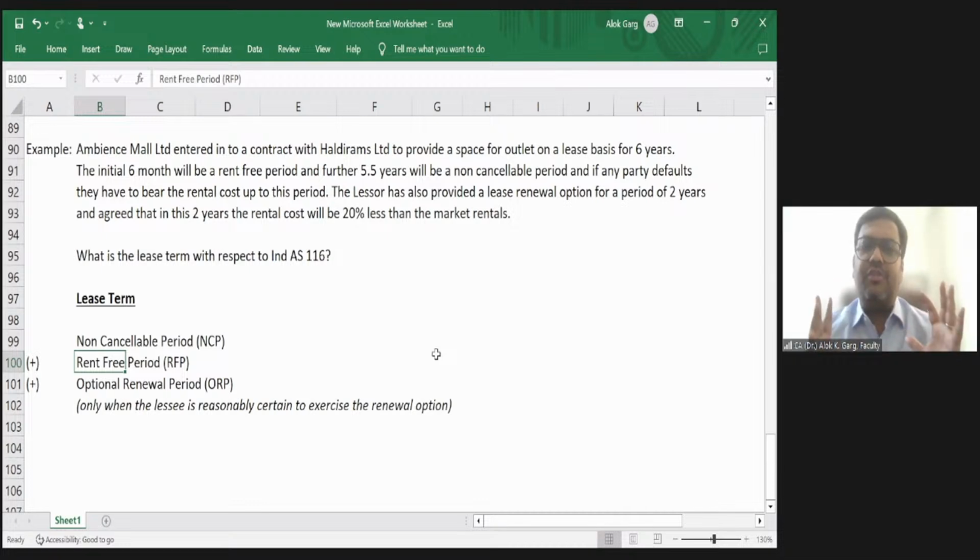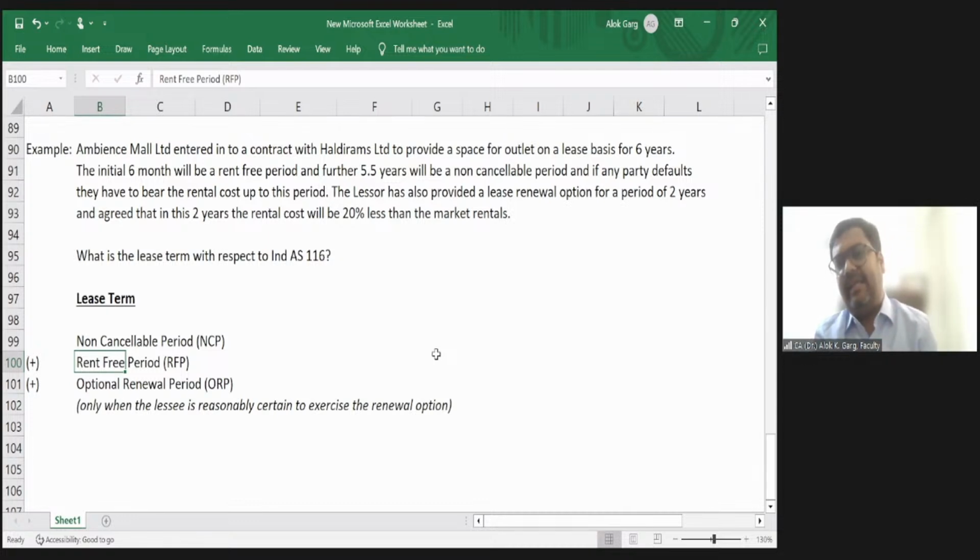So applying your logic, and being a CA final student with some articleship experience, I have given you this example. The definition of lease term is non-cancelable period plus rent-free period plus optional renewal period, and the optional renewal period is included only when the lessee is reasonably certain that they will exercise the renewal option.